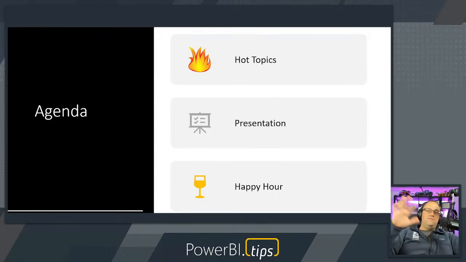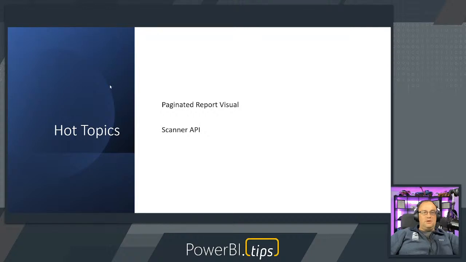We'll leave the live stream and then we'll have everyone join through a link in the YouTube chat window. Then you can join us and we'll sit down and chit chat for like 45 minutes or so until Seth and Michael have had enough Power BI talk for the day. And we'll pass out and call it a night. So that's basically the agenda for today. And with that, let's do our hot topics.